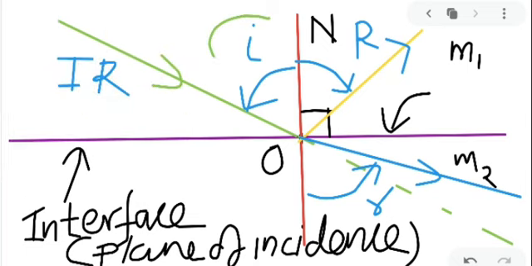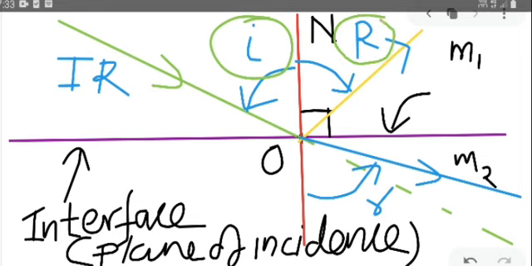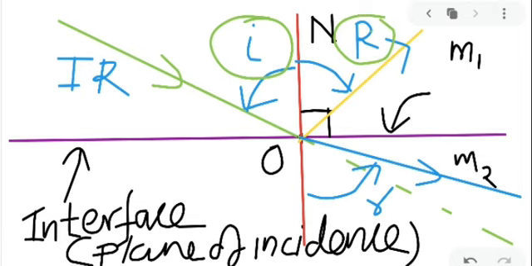There is the angle of incidence, and then there is the angle of reflection, and we won't be studying reflection here, because we have studied it in the previous section. So reflection won't be dealt with anymore. Here we will be only dealing with refraction, and this angle is very important. It is known as the angle of refraction.